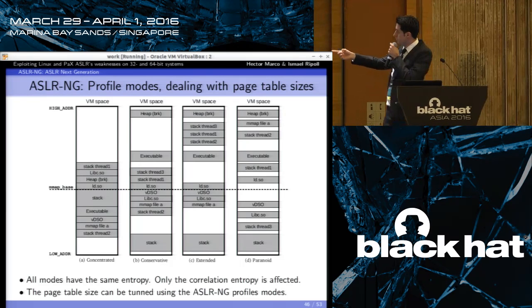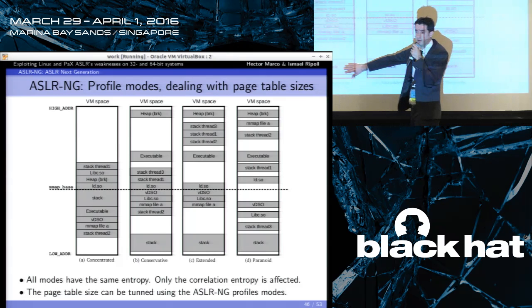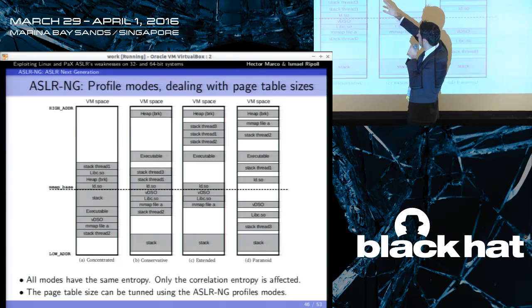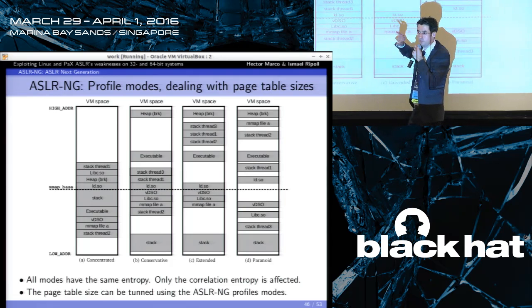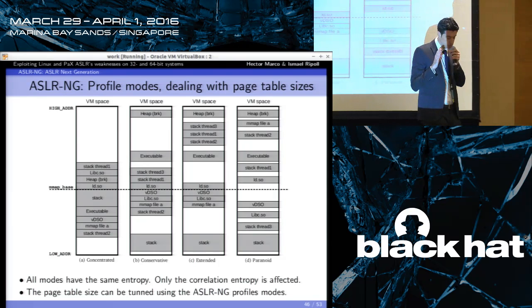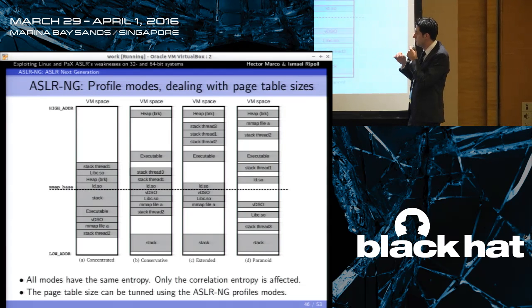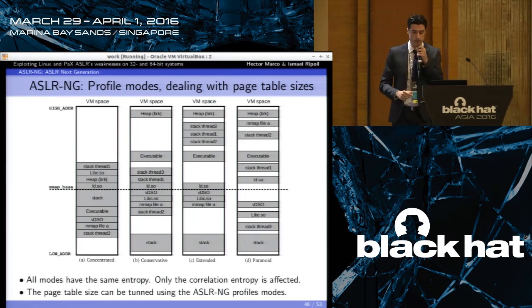The conservative mode is more similar to Linux. It tries to put the stack in its own area, and the executable, the heap and the other objects together in the same area. Okay, this is to try to save page table size and to be as compatible as possible with current Linux.